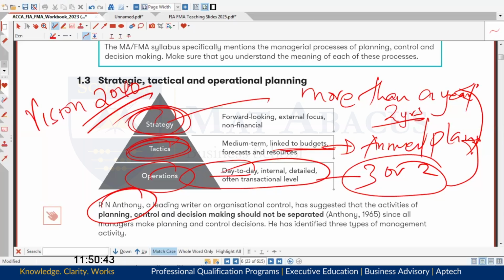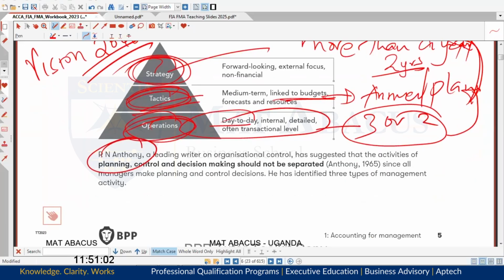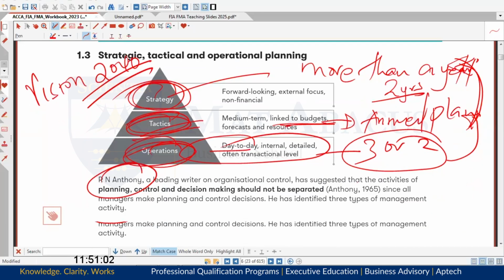That looks like an operational plan. But when you pass them before June, that means you're feeding into your tactical plan of doing a number of papers. So by June, when you do another 3 or 4 or 2, you feed into your annual plan or your strategic plan of doing the course in 2 years. So information can be of varying nature.